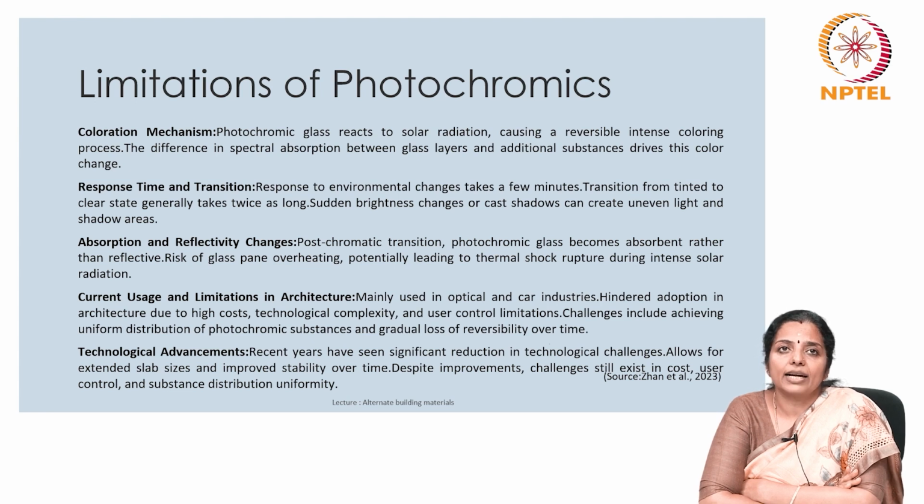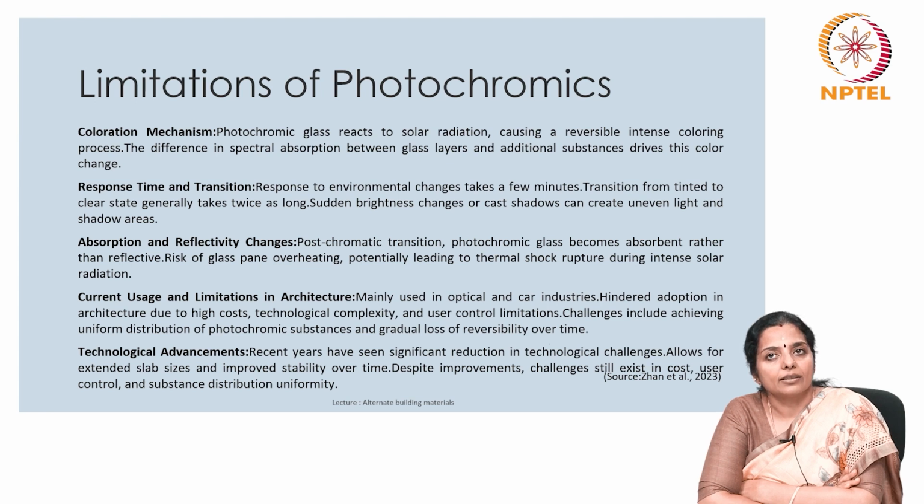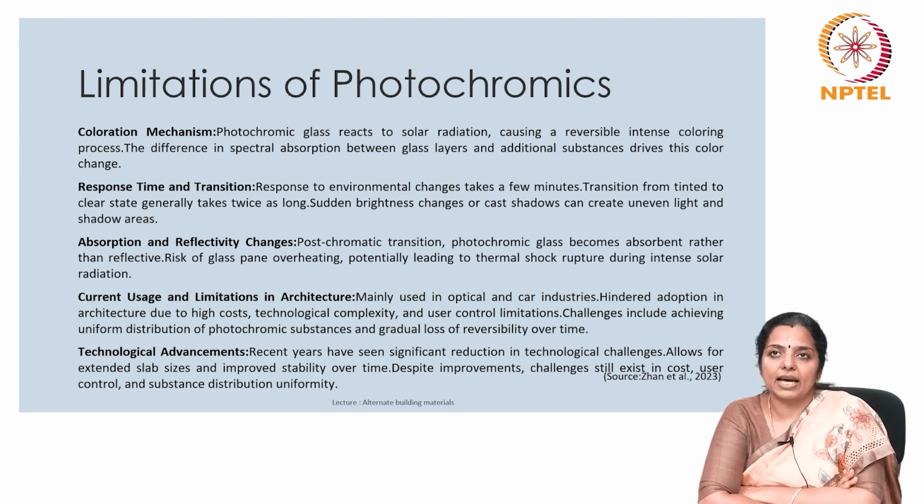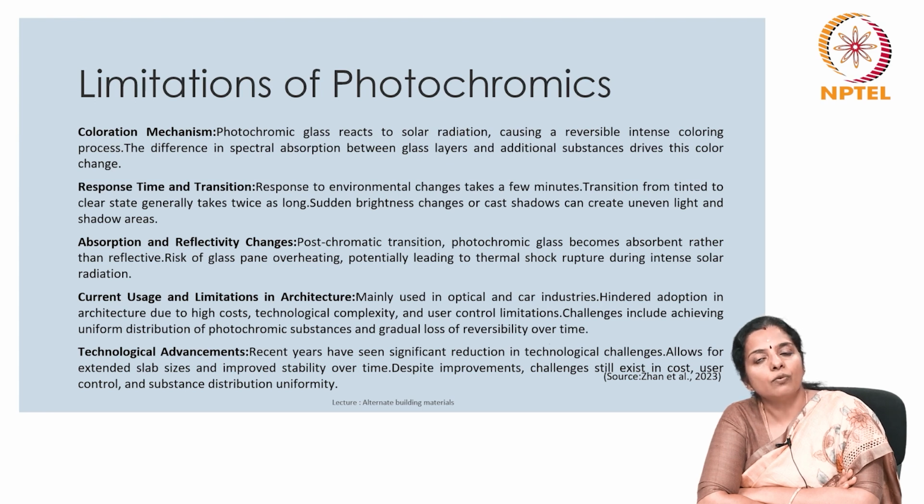Let us now look at the limitations of photochromics. Photochromic glass, while offering benefits, comes with certain limitations. Its coloration mechanism, triggered by solar radiation, involves a reversible and intense coloring process which is influenced by the spectral absorption difference in glass layers.